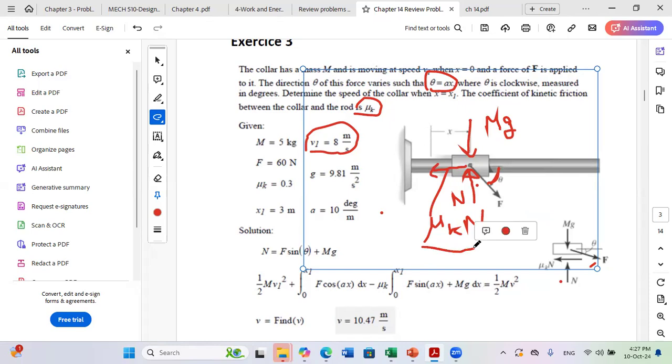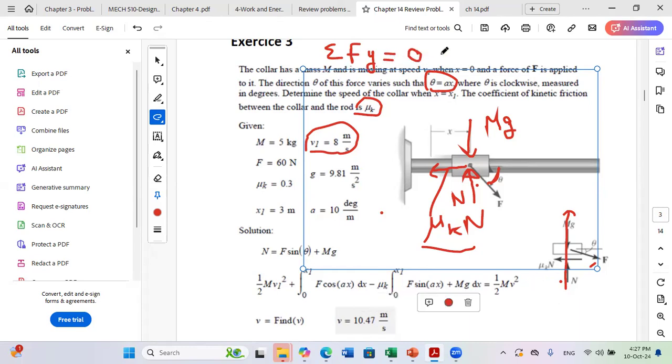Okay? So the first step will be to say, since I have displacement in X and no displacement in Y, to get N, I use sum of Y equals 0. So I say sum of forces along Y equals 0.